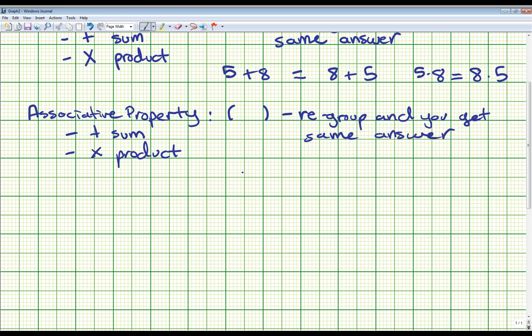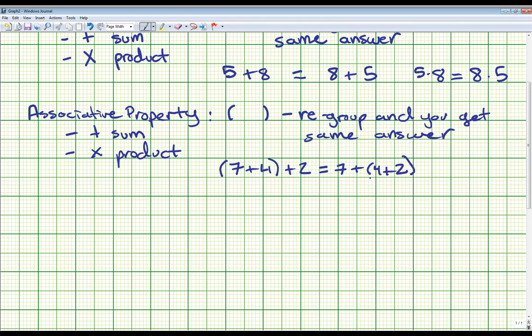So let's do a little example here with addition. So if I had parentheses around 7 plus 4, and then I have a plus 2. So my parentheses are saying, okay, I have to add 7 plus 4 first, and then I can add the 2. Basically, if I regrouped this, instead of putting the parentheses around the 7 and the 4, I put around the 4 and the 2, it would look like this.